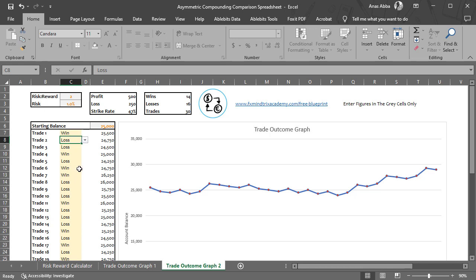Now, I want to draw your attention to this. Because this was a winning trade, you made $500, okay, because you're risking $250 to make $500. Now, on the next trade, you're going to risk that $500 that you made in profit from this trade and the default risk per trade on this account, which is 1% of the starting balance, $250. So you're going to be risking $750 to make 2 times that amount.